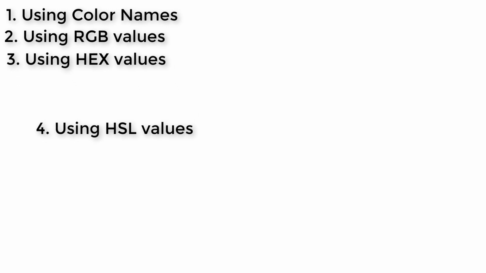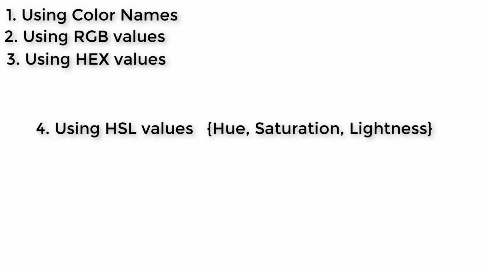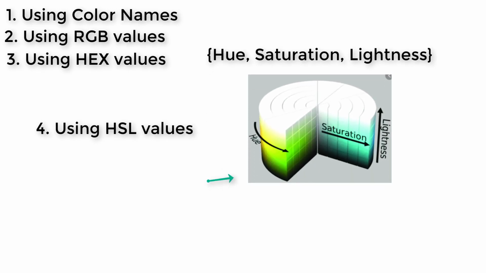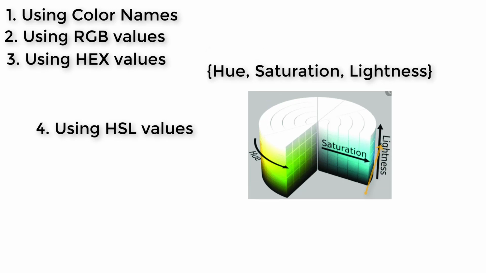The HSL stands for hue, saturation, and lightness. This is the HSL color space. The hue represents the color. Here we can see the hue is actually a circle which has 360 different values. The saturation represents the amount of color, and the lightness represents how bright the light is.